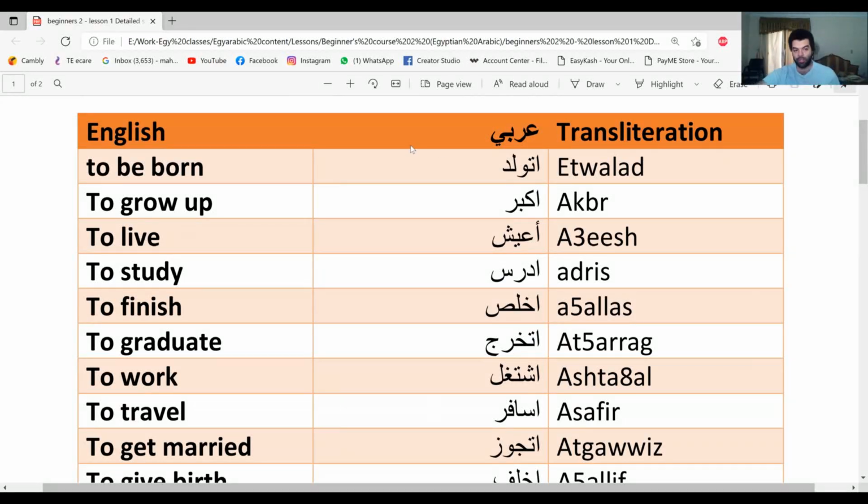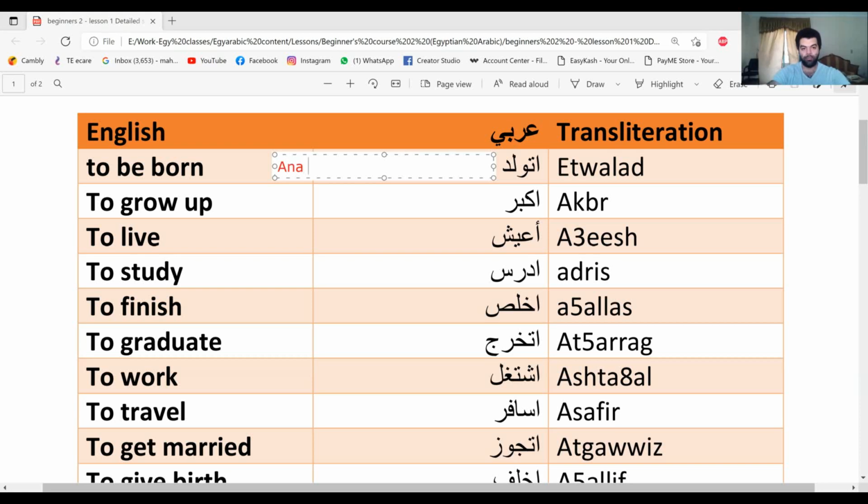So the first thing here is to be born. If you want to say, I was born in this country, but I live in this country, you know, to add more details. So we say it walad, and that is the root that you can use, okay? So if you want to say, I was born, we say, in the past tense, of course, we add the T at the end, if you remember from the grammar.